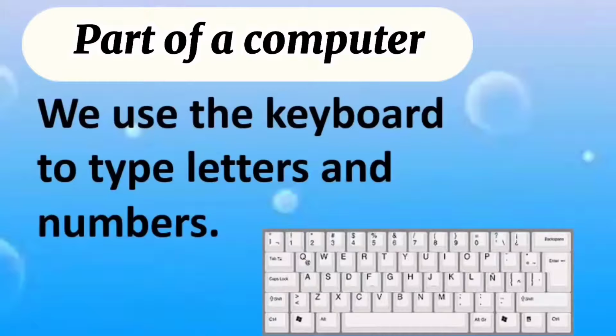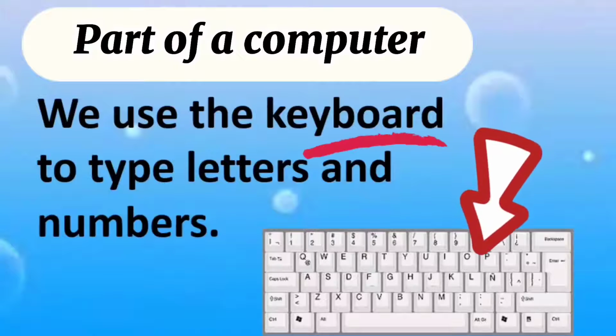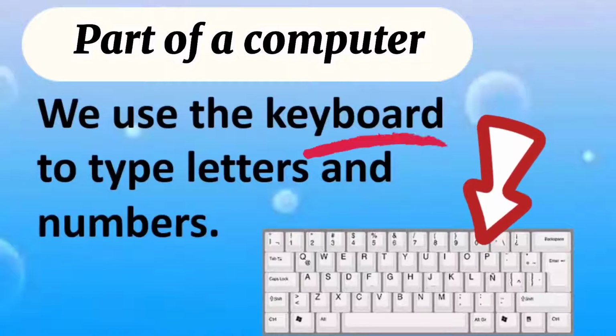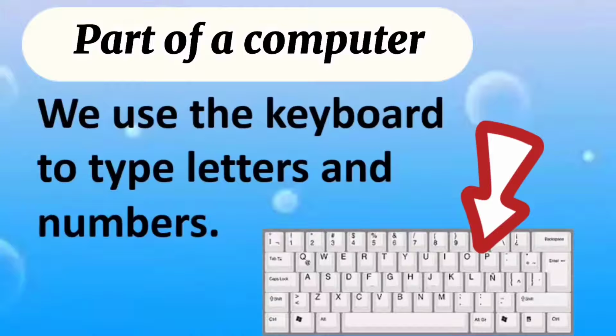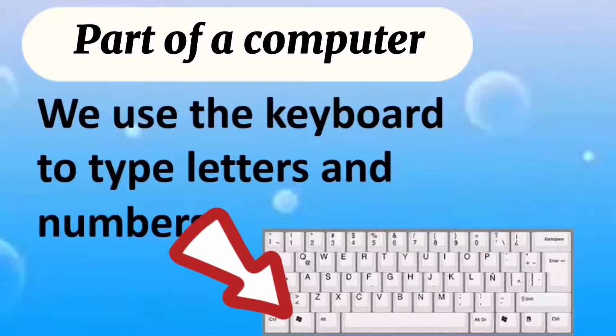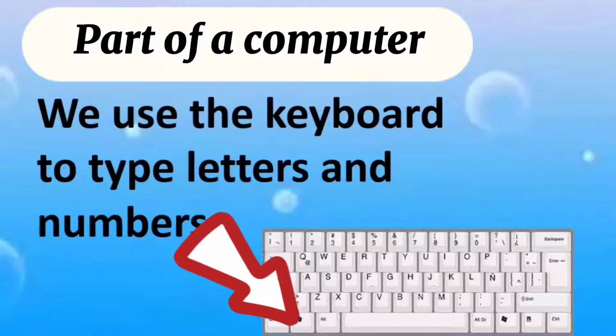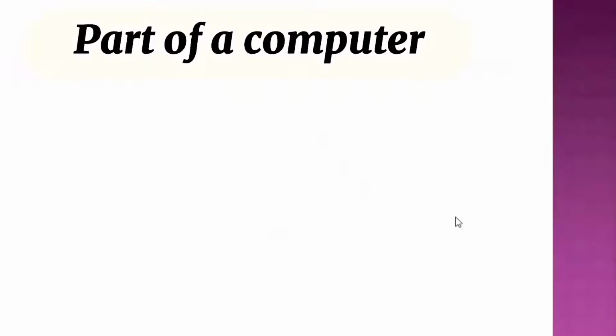One of the parts of the computer, and it is an input device, is the keyboard. So we use the keyboard to type letters and numbers. As you can see here, I have the picture of keyboard, and you can see letters and numbers. Not only letters and numbers, there are also symbols.